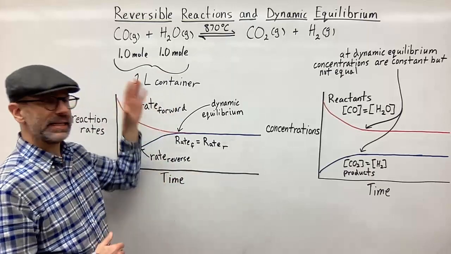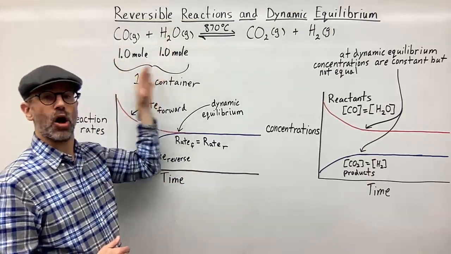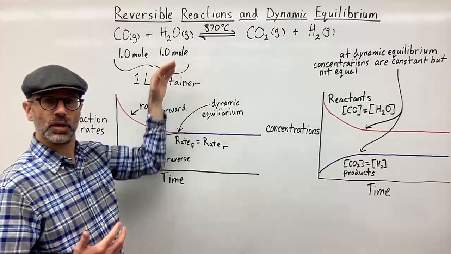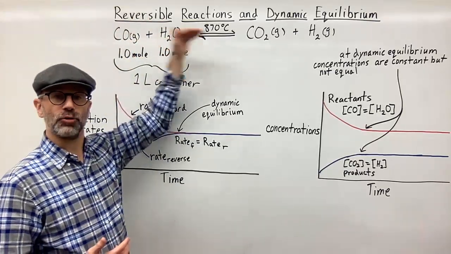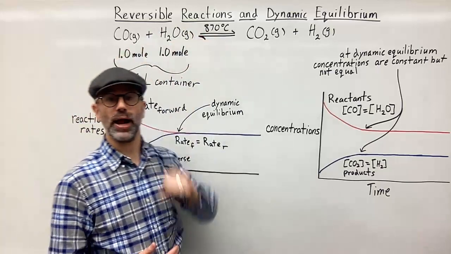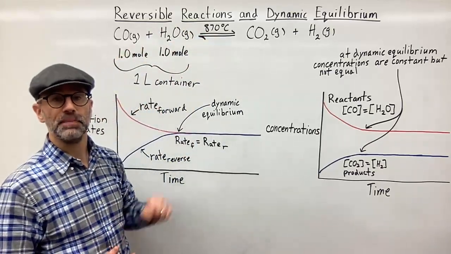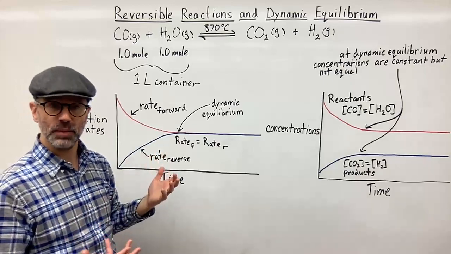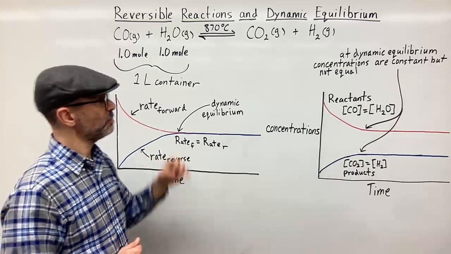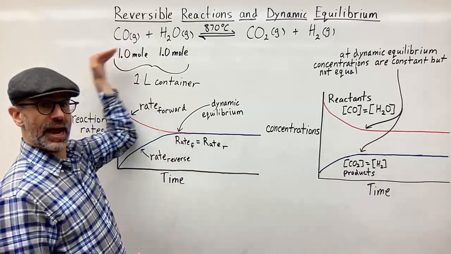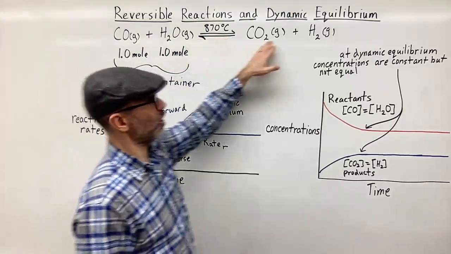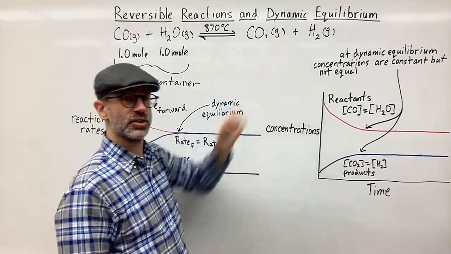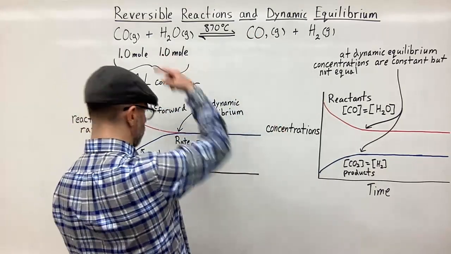So in the beginning, when all you have are carbon monoxide and water, the forward reaction is the only reaction going on, right? Because these are the only molecules you have, the only substances you have in the container. But as you go forward and you start to form products, these products are then going to reform reactants.